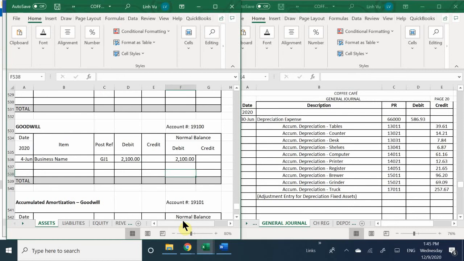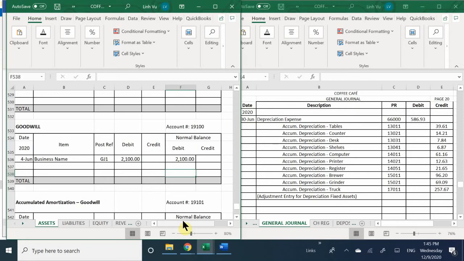Remember, when we buy our fixed assets due to the historical cost, when we depreciate, we're not actually devaluing each asset. We're not taking away the value of the actual asset because we only recognize that when we sell it.